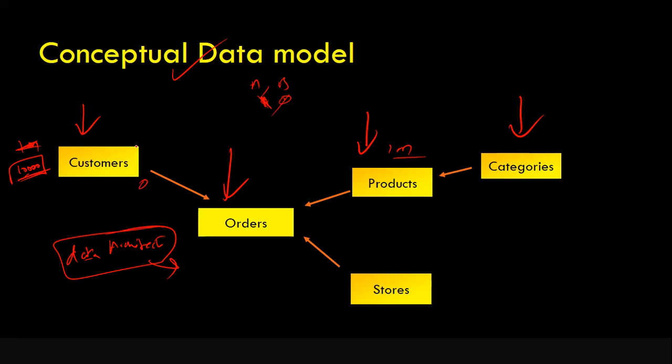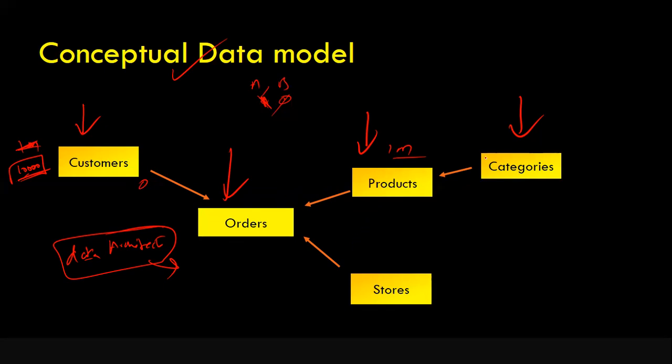Concepts at the high level. While interacting with them, you understood that customers place orders, the products appear on the orders, customers order across different stores, and the products fall under different categories. Now you understood how these tables interact with each other.